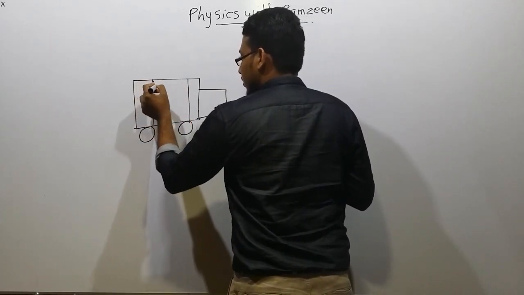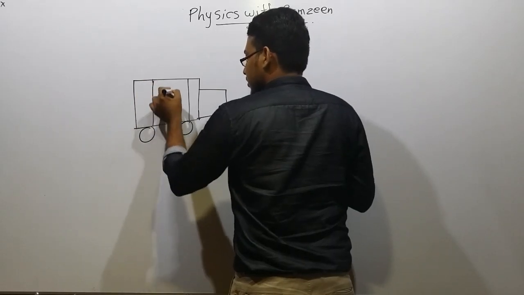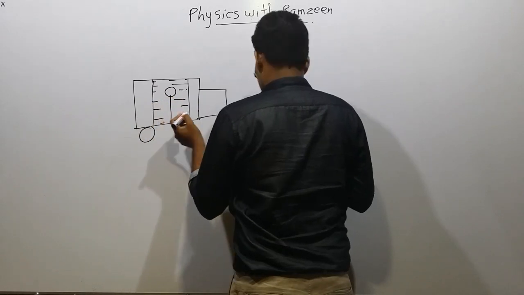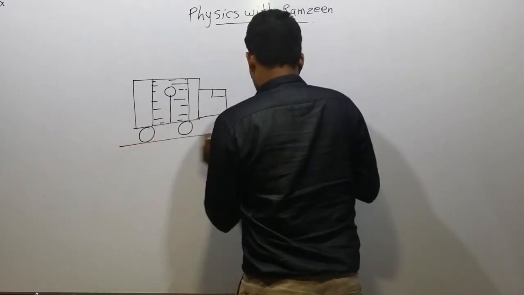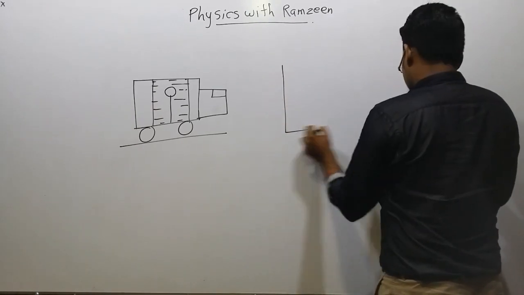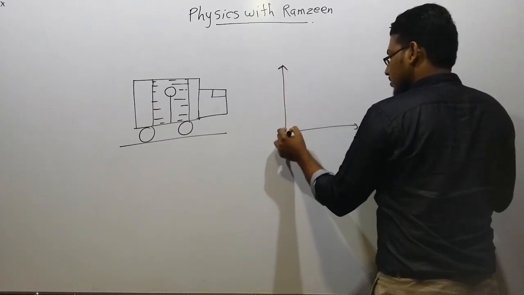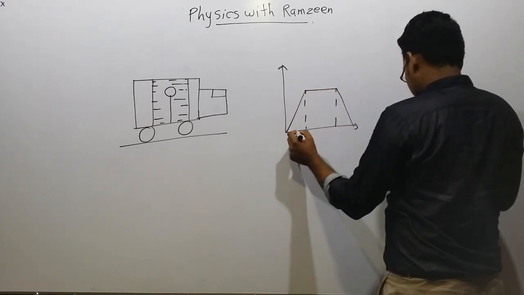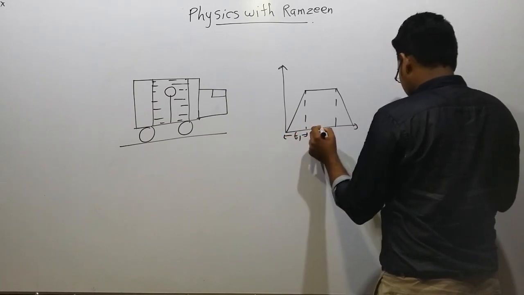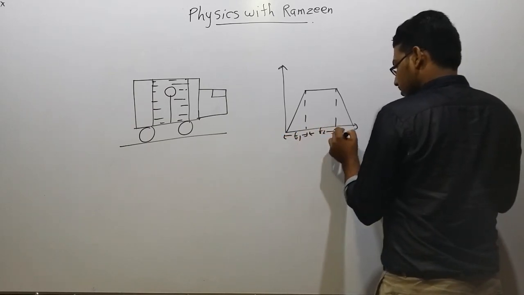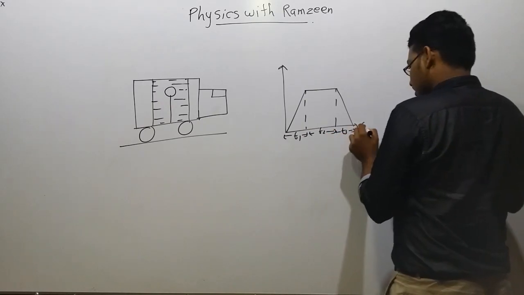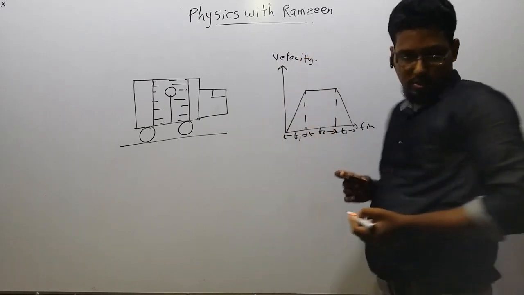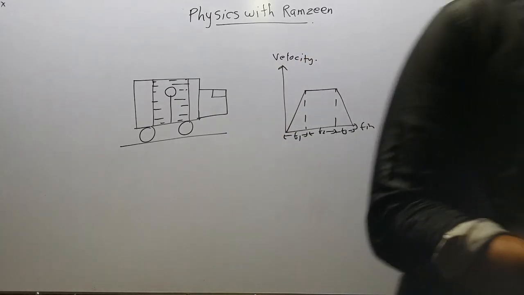Here it shows something like a balloon and the liquid, and that is the vehicle, and the velocity time diagram is also given. This is the T1 duration, T2 duration, T3 duration. This is the time velocity. Right, let's move on to the question and read it carefully.